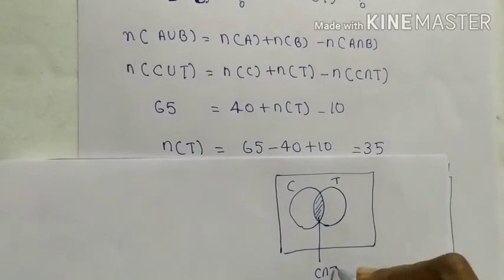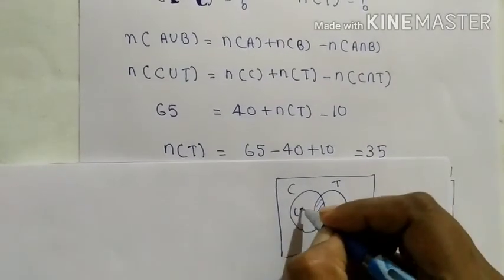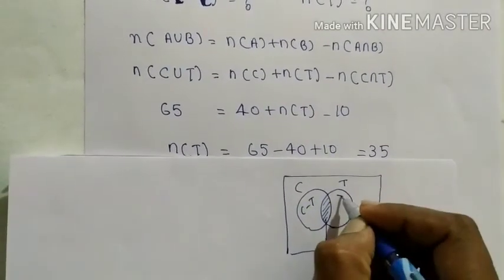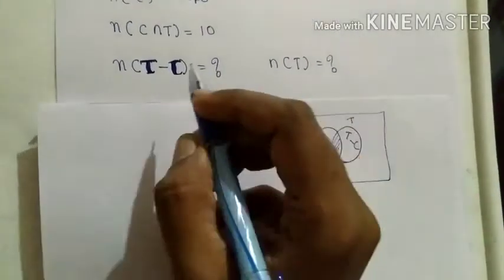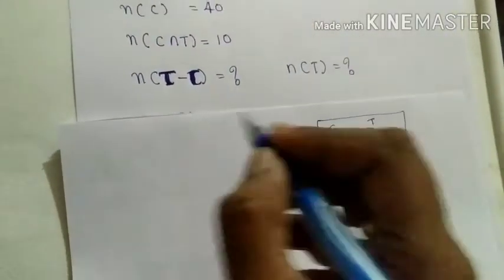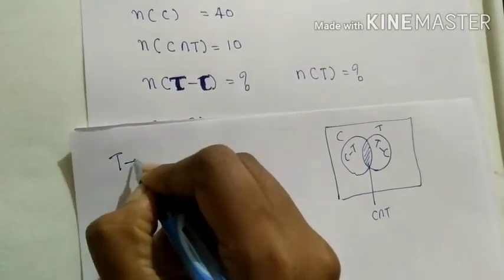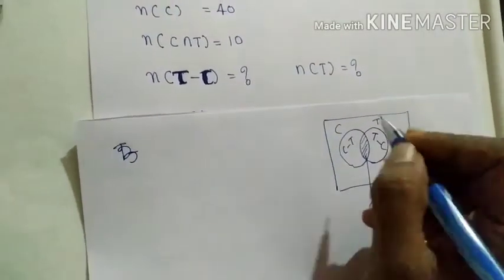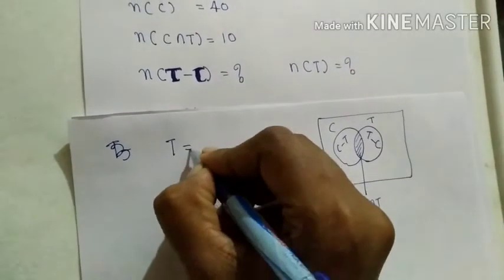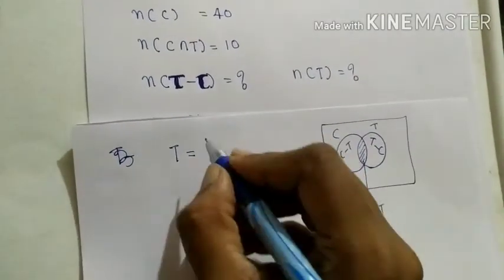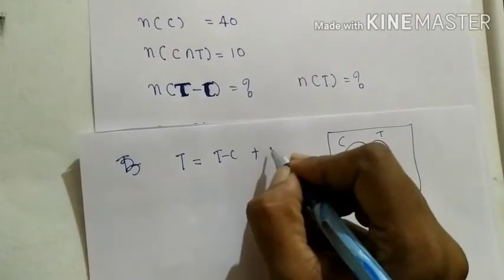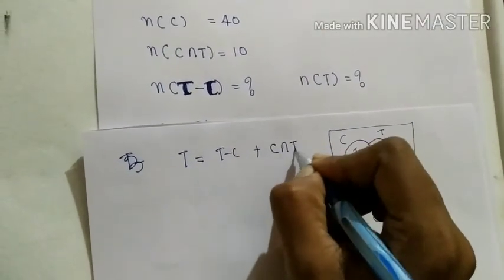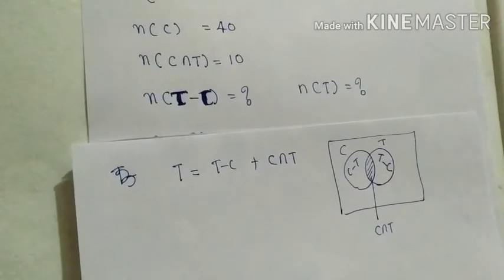This portion is C minus T, and this one is T minus C. So here we need to find n of T minus C. From this Venn diagram we get the total set T is equal to the sum of the T minus C portion plus the C intersection T portion.